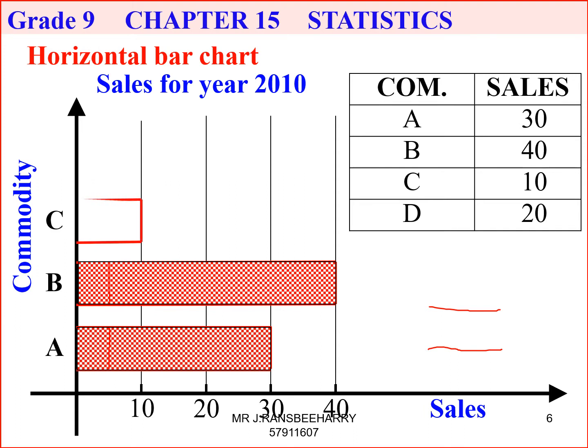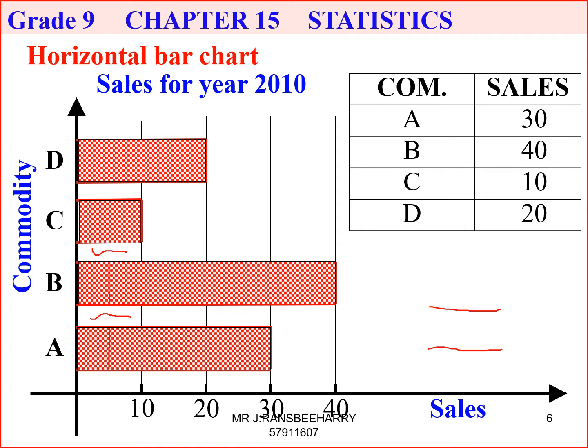C, 10. So each time we leave the same space, and the widths are the same. So C, 10. D, 20. So D, 20. So this is a horizontal bar chart.